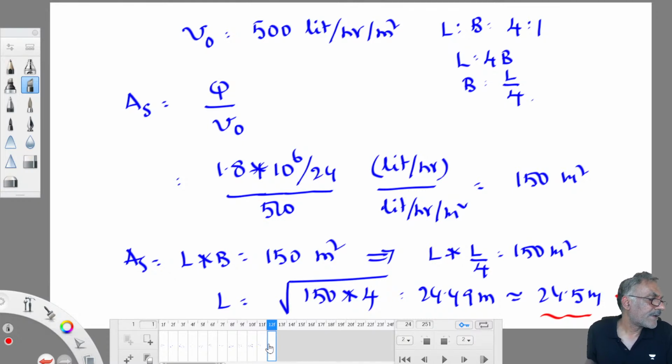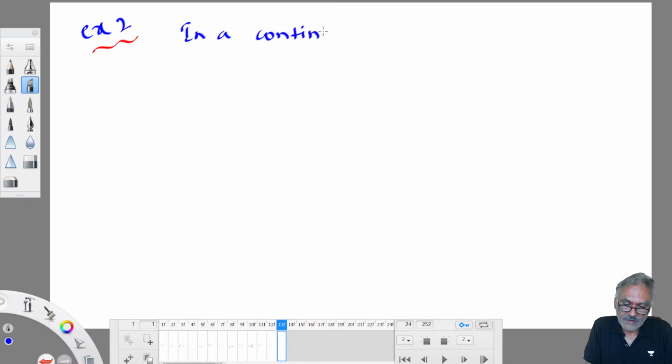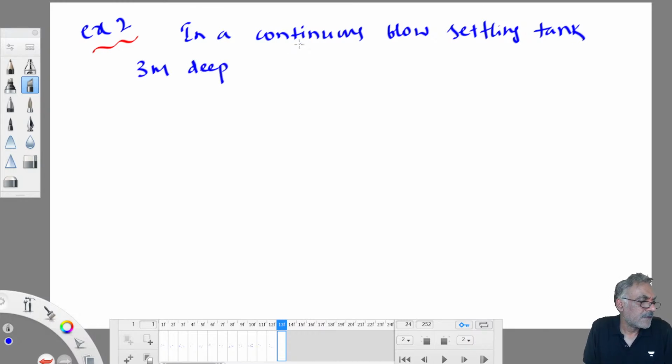Next question. Let us solve one good question. In a continuous flow settling tank 3 meters deep, and 60 meters long, what flow velocity would you recommend for effective removal of particles?